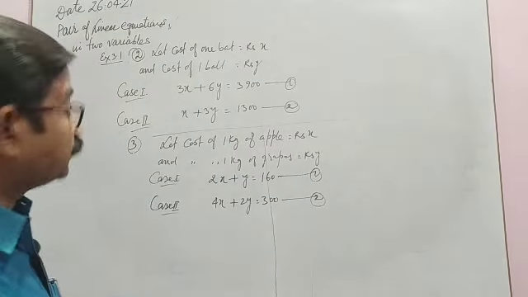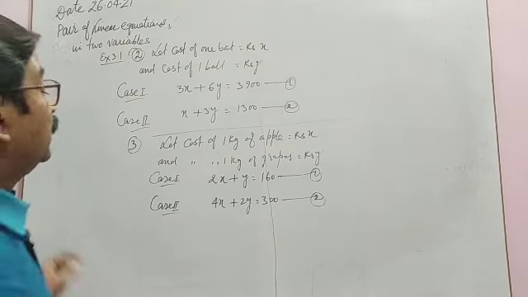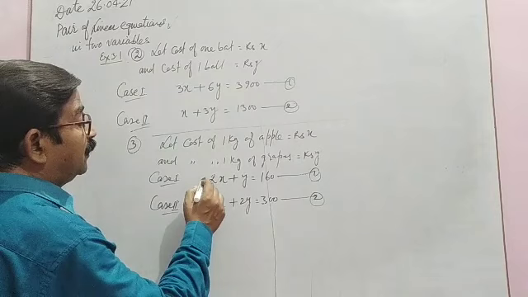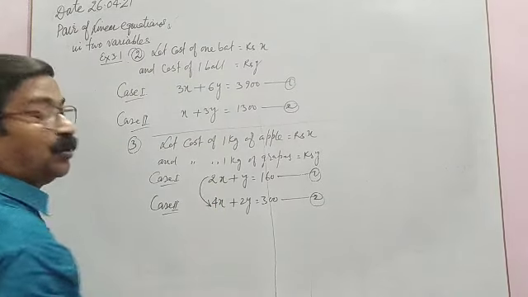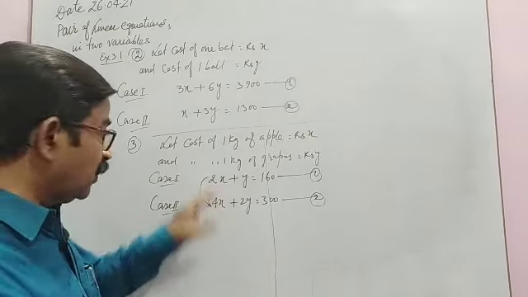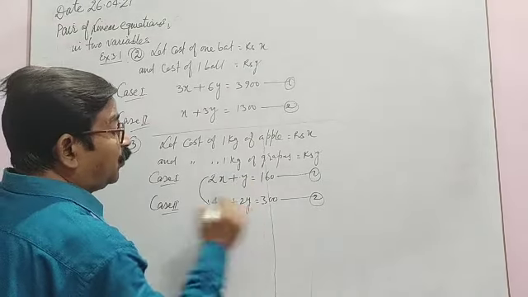So we have got two equations. If you are going to check the type of solution, get the ratio here: a1 upon a2 is 2 upon 4, which means 1 upon 2. Here b1 upon b2 is 1 upon 2.